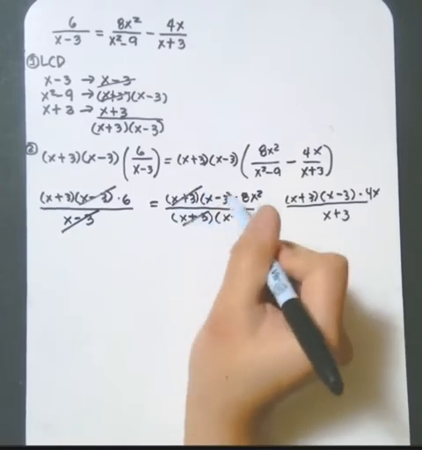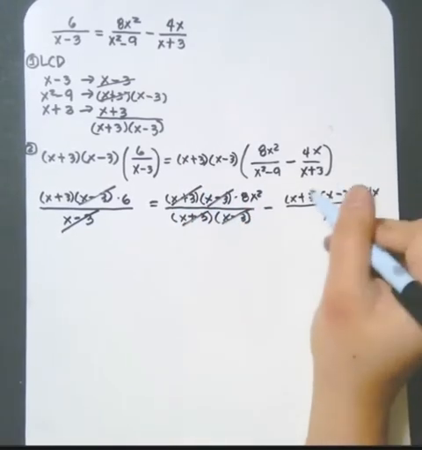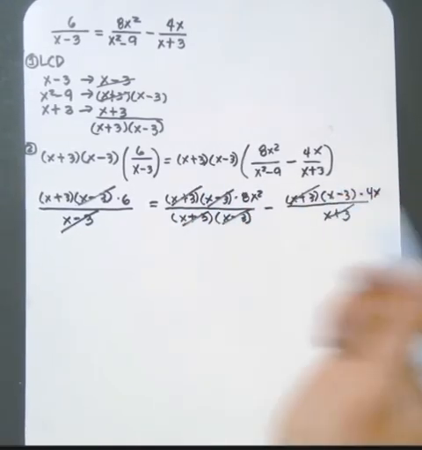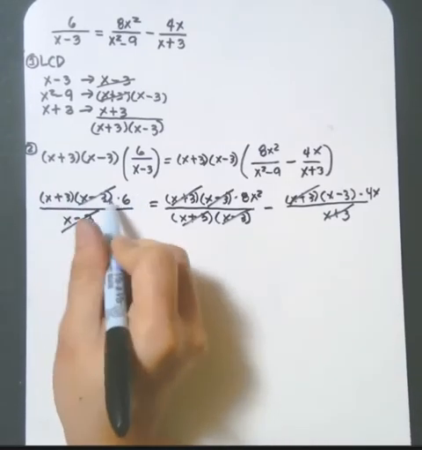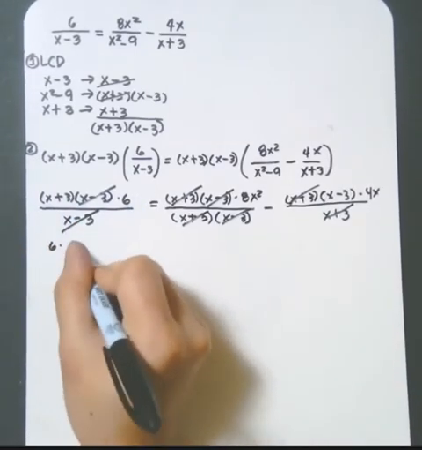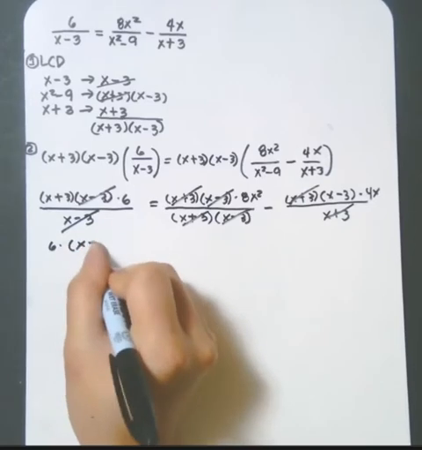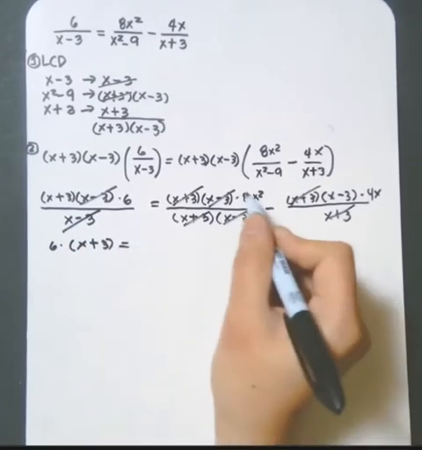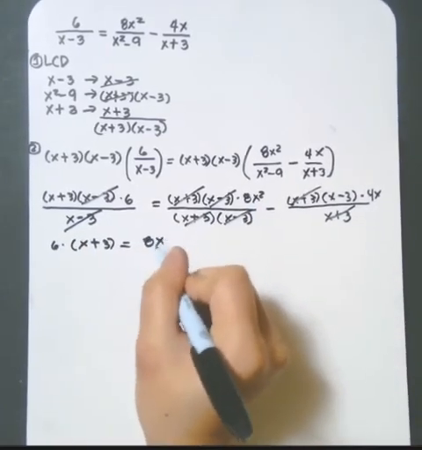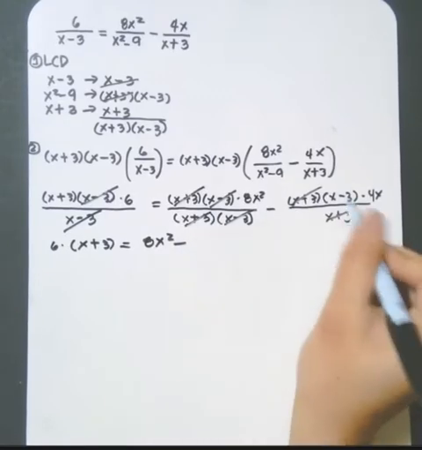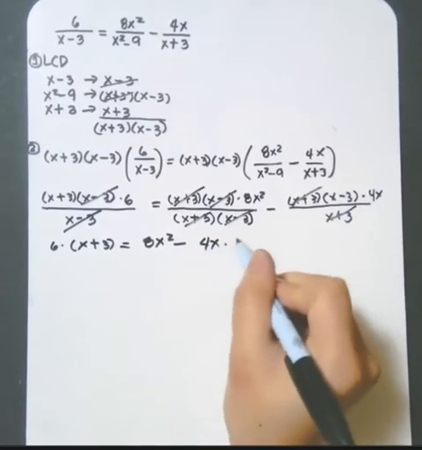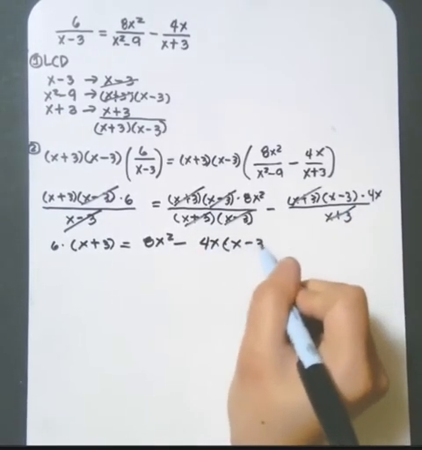These are common terms, x plus 3 and x plus 3. Now we multiply. 6 times x plus 3 equals 8x squared minus 4x times x minus 3.